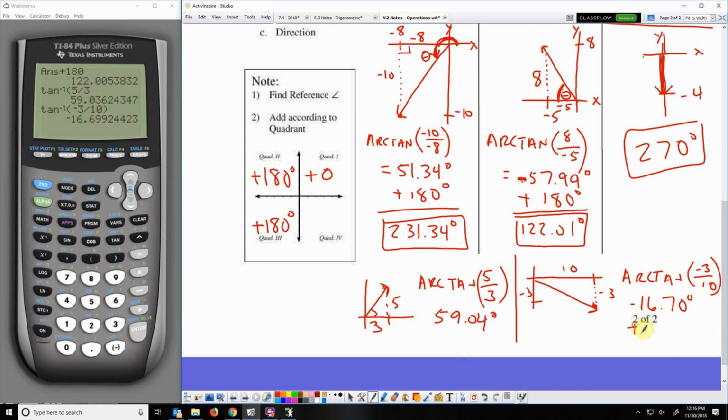And if I add that to 360, I'll get 343, and that goes all the way around to here. So 343 makes sense, 343.30 degrees. So if I'm in quadrant 4, I need to add 360. I'm going to get a negative number in quadrant 2 and 4. In quadrant 4, I'm going to add 360 to get my standard angle measure.